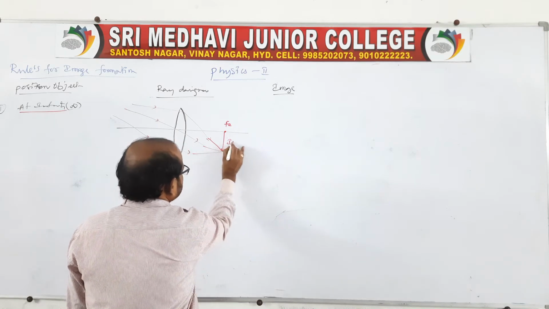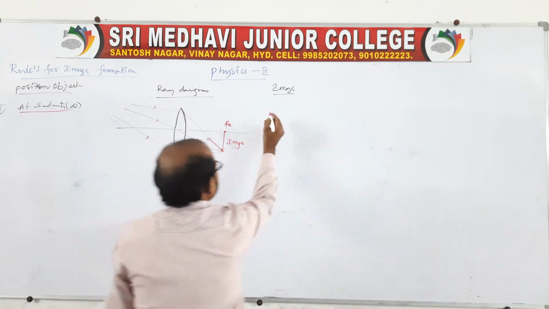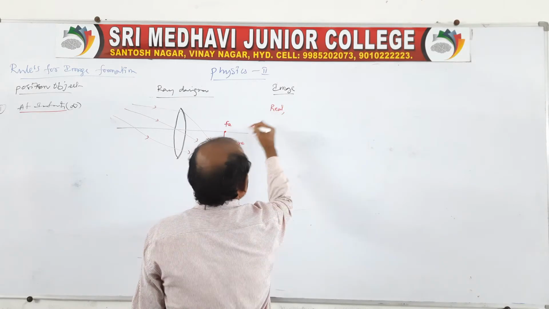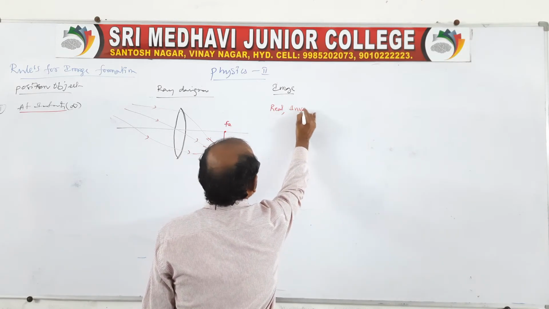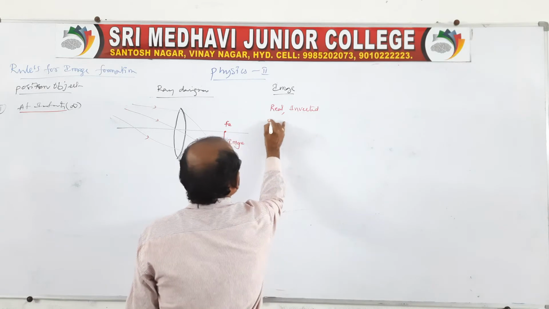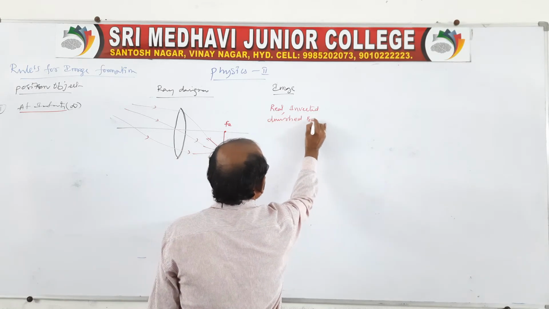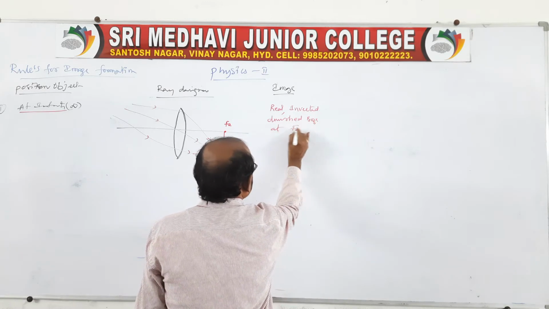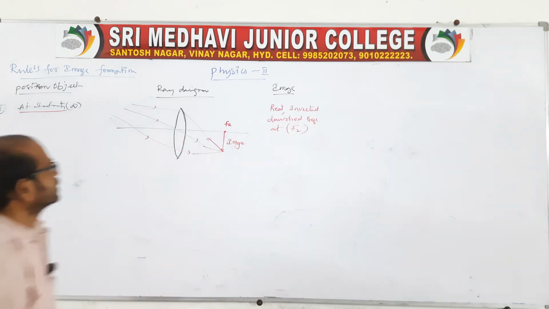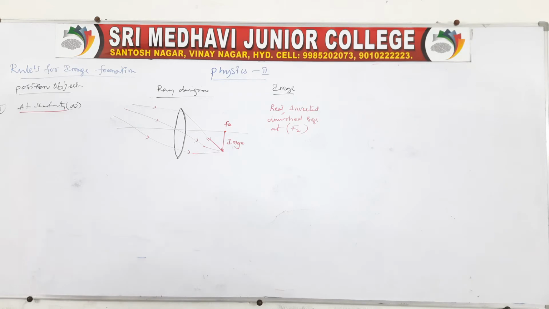It is the image position. Here you write real, inverted, and diminished in size at f2. This is the first position, when the object is at infinite.